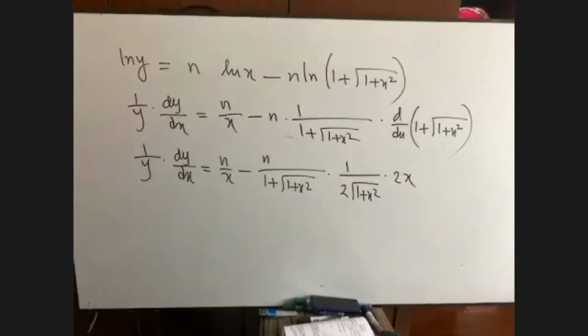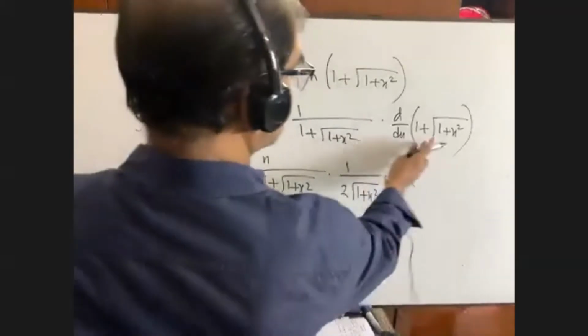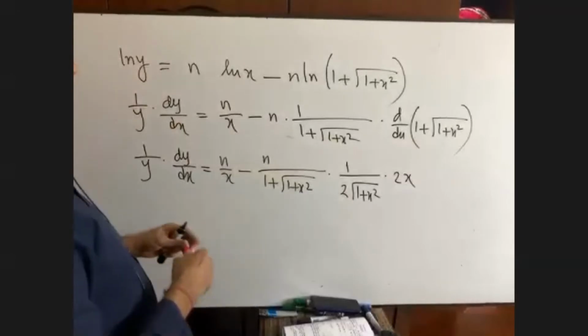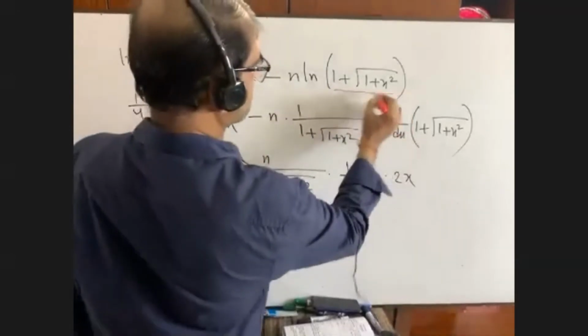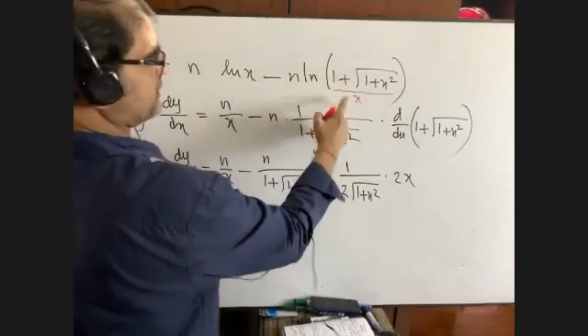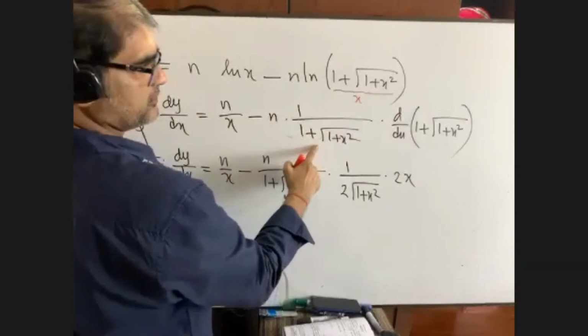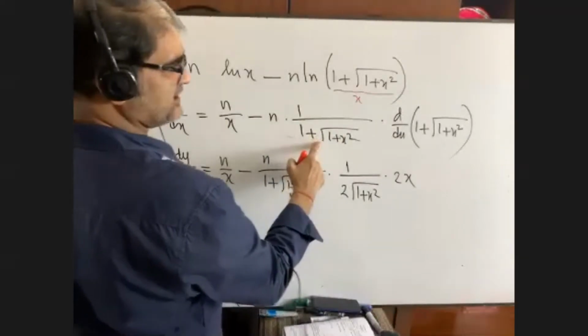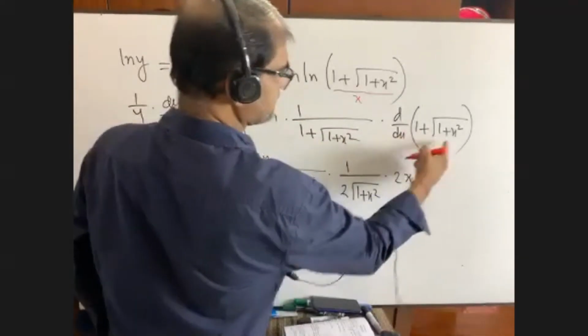Sir, why didn't you break the denominator again, meaning n ln 1 minus n ln root over 1 plus x square? I have done it here. You see, it is x, so ln x is equal to 1 by x, and that x again has been differentiated.